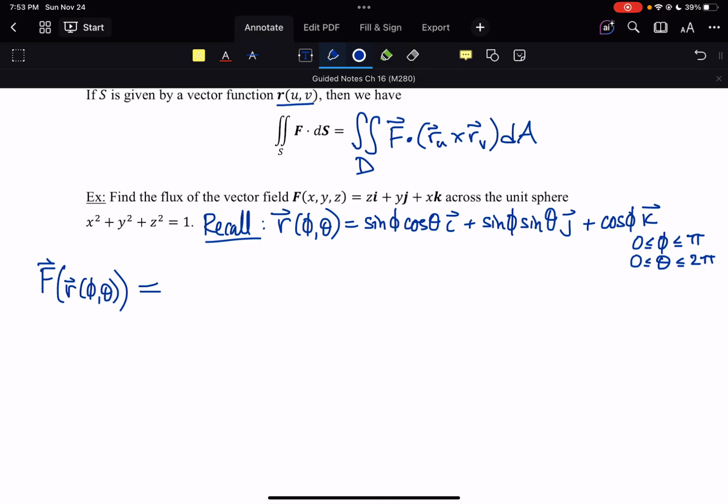So zi, so z is cosine of phi, so that's cosine phi i, plus yj, so that's sine phi sine theta j, plus xk, so sine phi cosine theta k. So they basically just swapped x and z in their places.